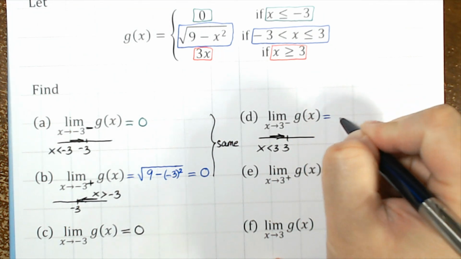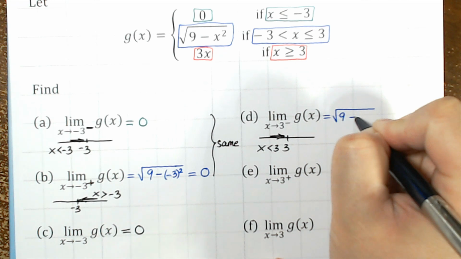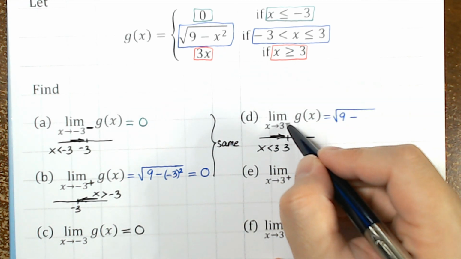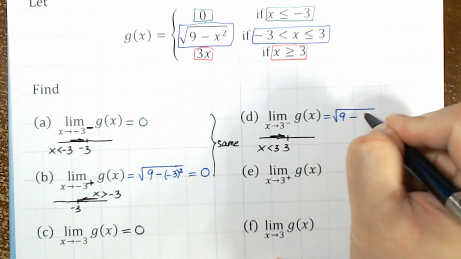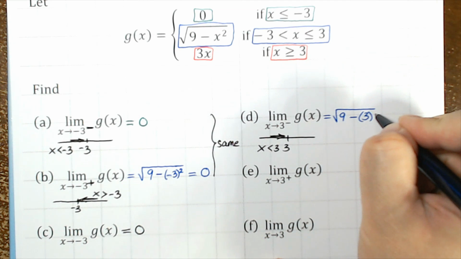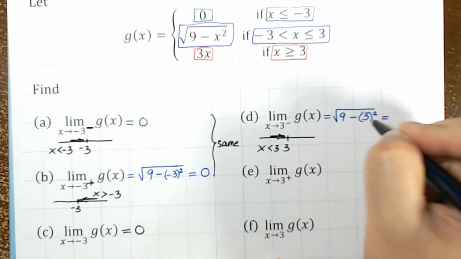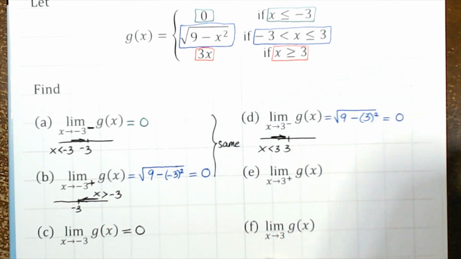So it is going to be the square root of 9 minus x squared, where x goes to 3 from the left side, so we have x equal to 3. Use 3 in for x, and we have 3 squared. Again, 3 squared is 9. 9 minus 9 is 0. Square root of 0 is 0.